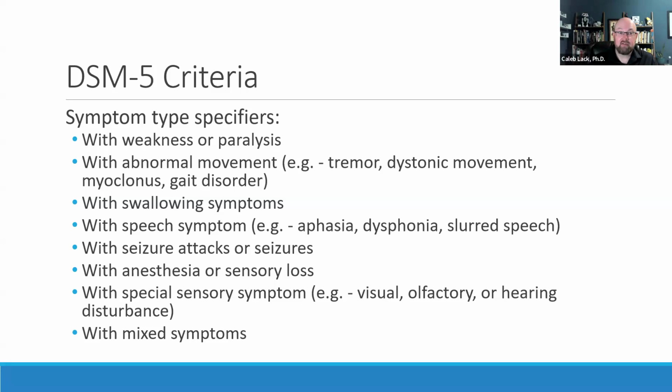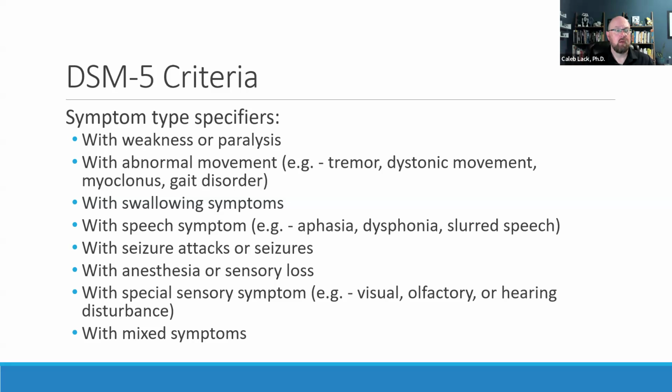With seizure attacks and seizure symptoms, that's another one which we'll talk quite a bit more about today with Lorna. We also see sensory loss, right? So maybe I'm not responding to sensory input like I should, or with special sensory symptoms.